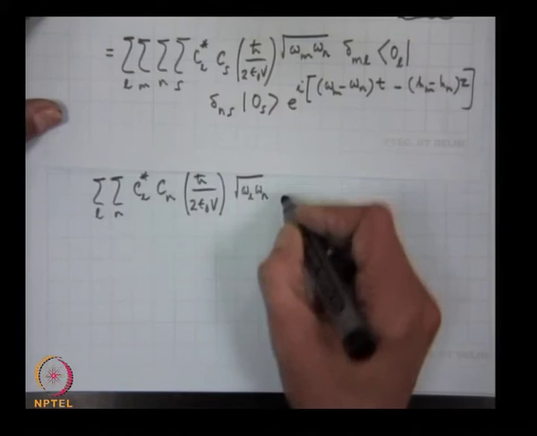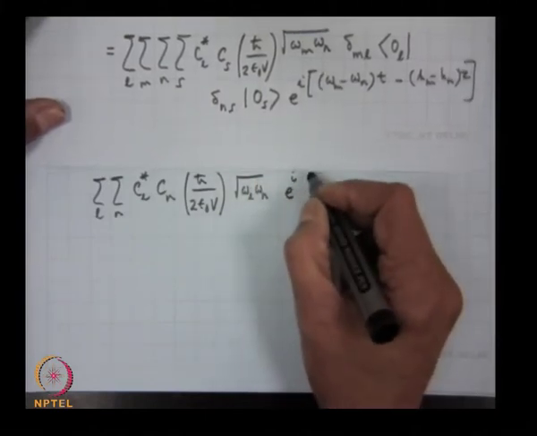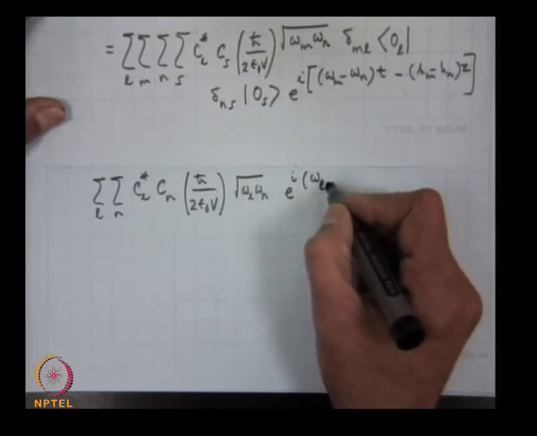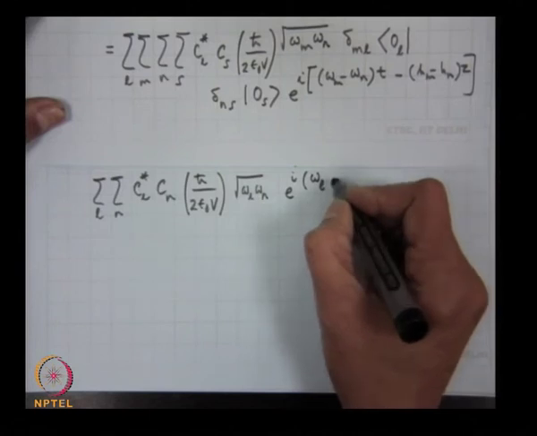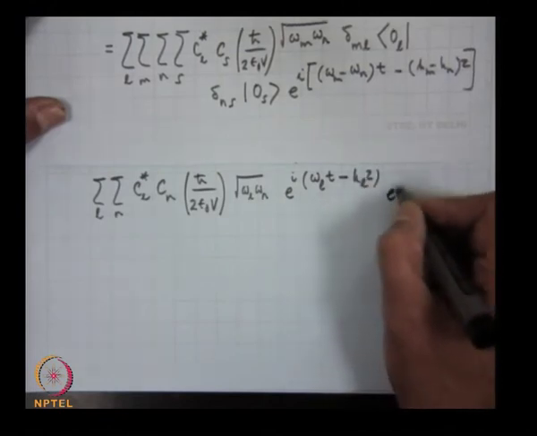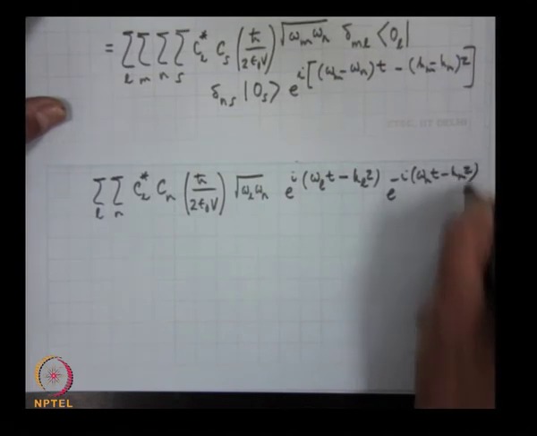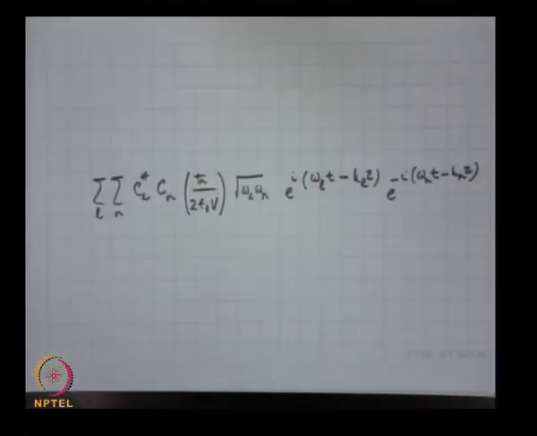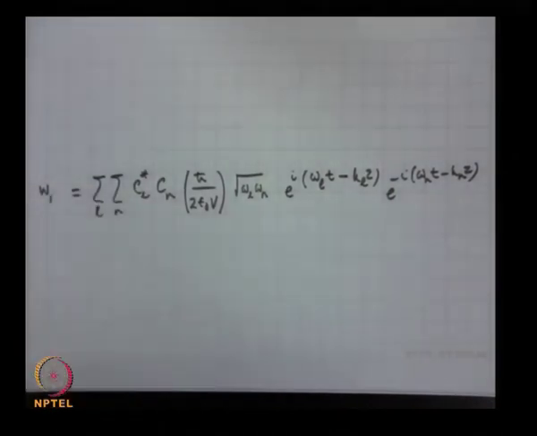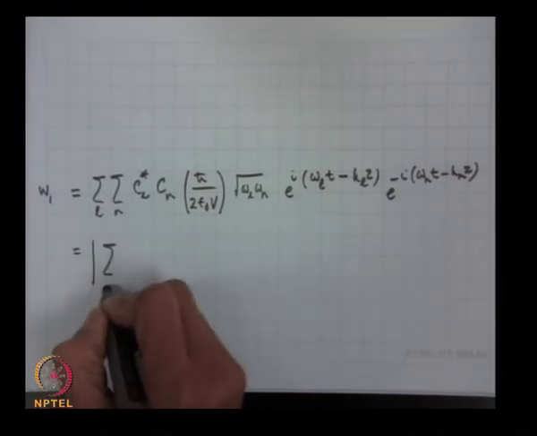So I will have exponential i omega, let me write omega_m becomes l, omega_l t minus k_l z, into exponential minus i omega_n t minus k_n z. This is actually, sorry?